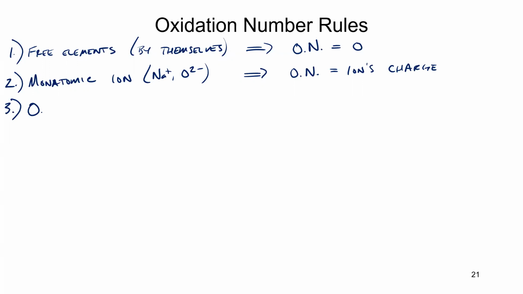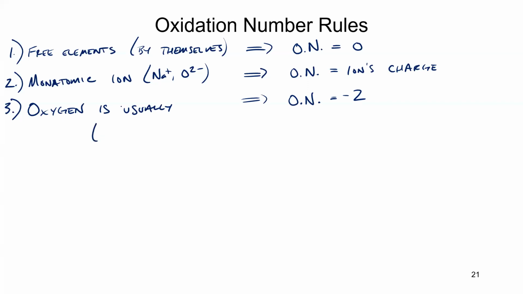Oxygen in particular, whenever it appears, aside from being a free element, is usually -2. Right? For oxygen, the oxidation number is usually -2.